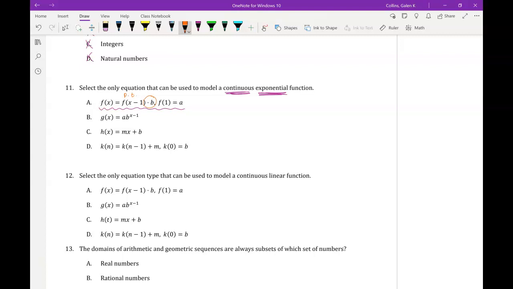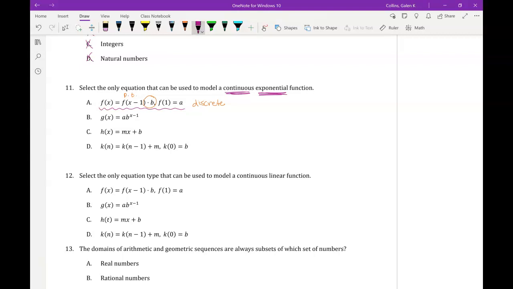It's not the issue that we're multiplying, the issue is that this would represent a discrete function, so we really cannot use a recursive equation to describe a continuous function because we can only input integer values for x in a recursive equation. Okay, B is going to work for us.